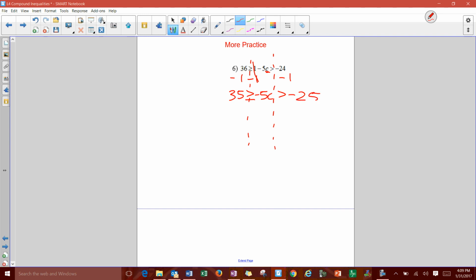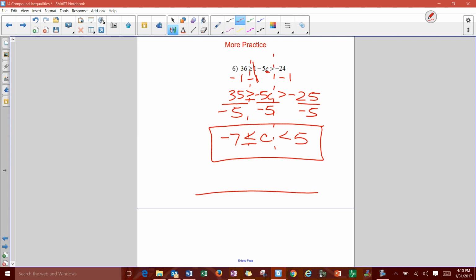So this would be -25 over here. And then to get the c by itself, I would divide by -5. Again, all 3 parts I'm dividing by -5. So I have -7. When I divide by a negative number, I have to flip the inequality, and then c, and then flip the inequality, and then +5, okay? So that is my solution algebraically.